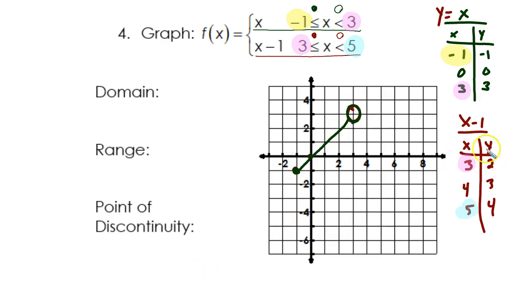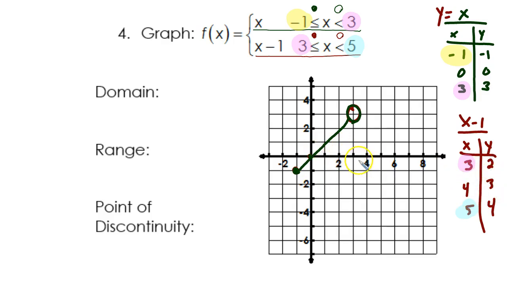When we switch to the other function, x minus 1, that's for x values that are between 3 and 5. So I have already plugged 3, 4, and 5 into x minus 1. I need my two boundaries of 3 and 5 and something between them. 3 minus 1 is 2, 4 minus 1 is 3, 5 minus 1 is 4.